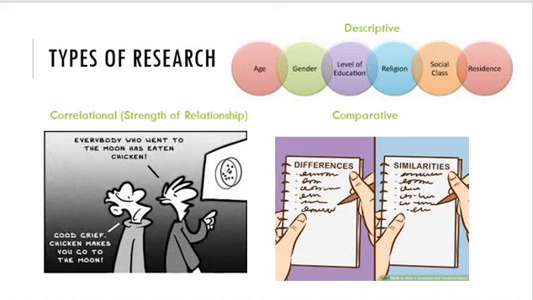If you're examining the strength of relationship between two variables, then you would select a correlational study. And finally, if you're examining the difference between variables, groups, or services, then you would select a comparative study. After considering the type of research as informed by your variable, instrument, or participants, record the type of research on your research proposal sketch.